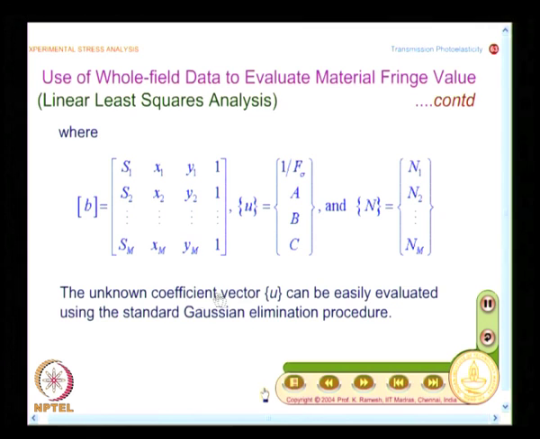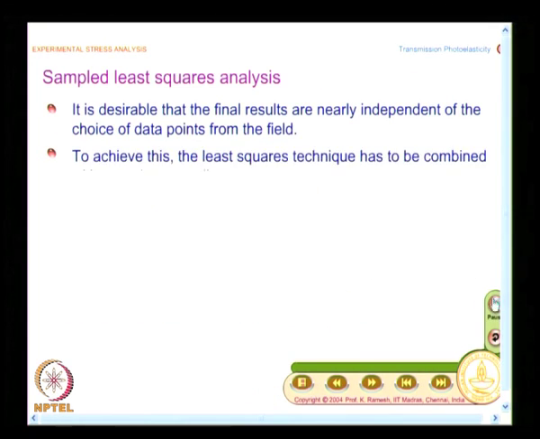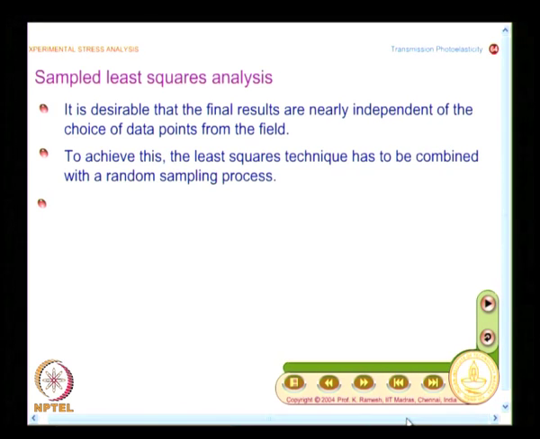The method has become popular because I can construct matrix B, vector u and n very easily from measurements, and finding out the final result is very simple and straightforward. You can do it by several simple methods. And I said, when I am developing a statistical method, I must also ensure that I take advantage of the statistical processing completely.